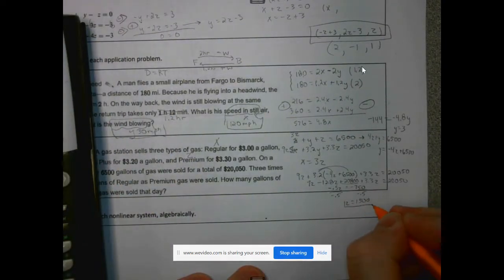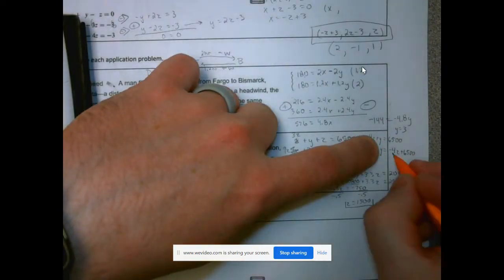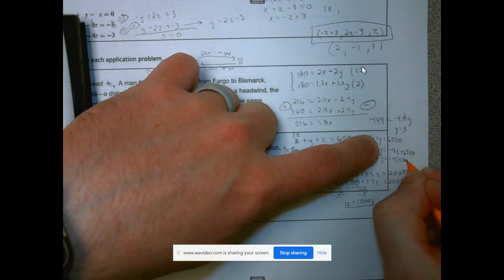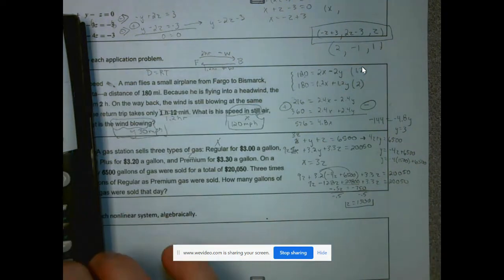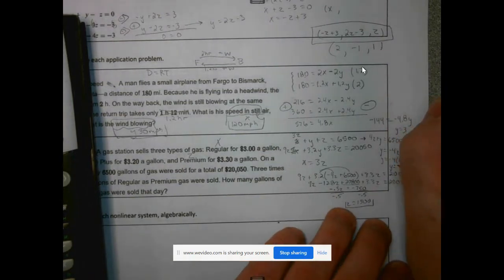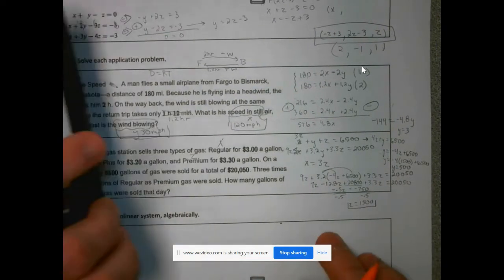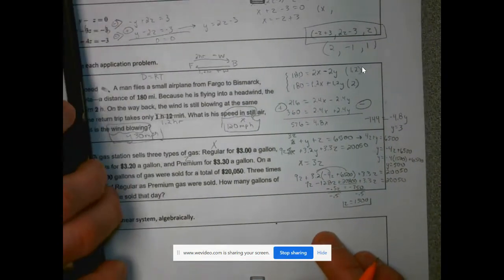So there's one answer. Okay, take this back in right here and plug it in for y. So y equals negative 4 times 1,500 plus 6,500. So that's 500 gallons of your performance.